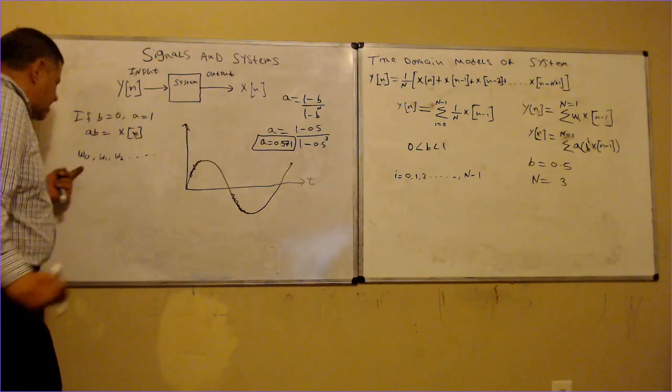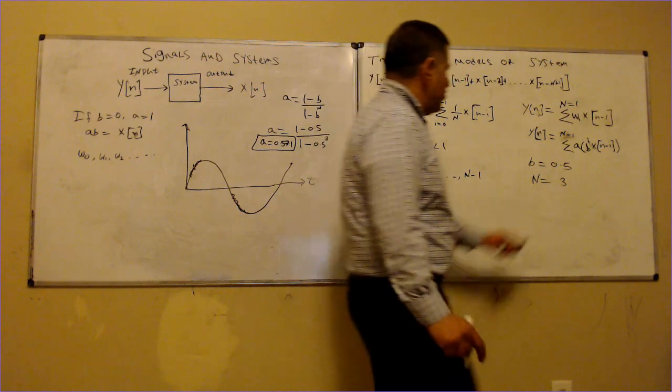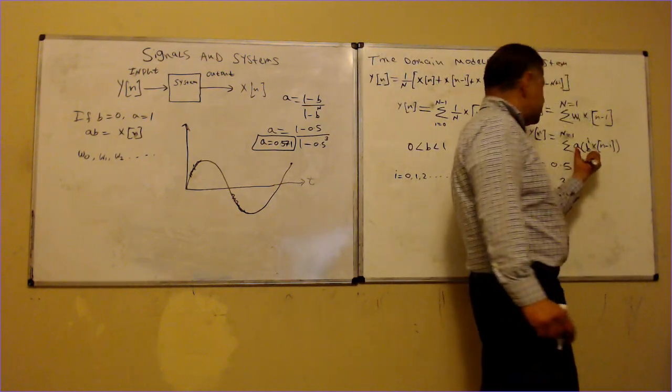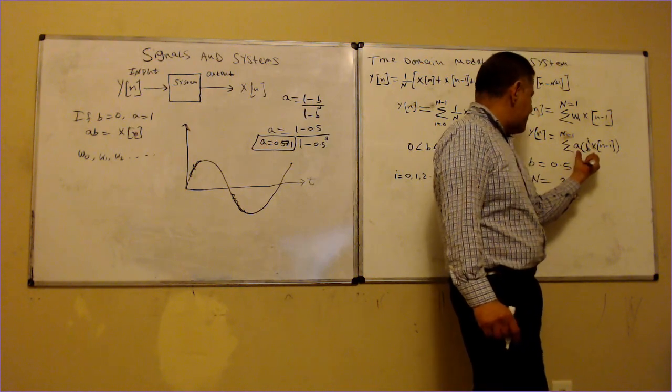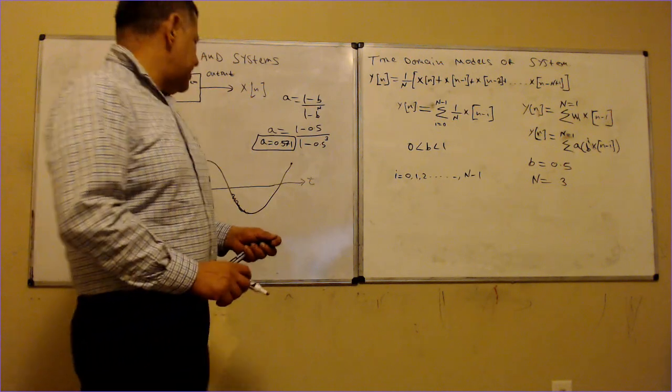In this case, we are only getting the weighted value of this 3 times. But technically, this is the weighted value, this AB.